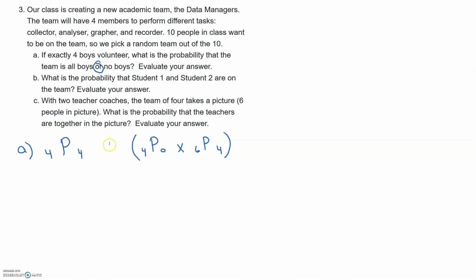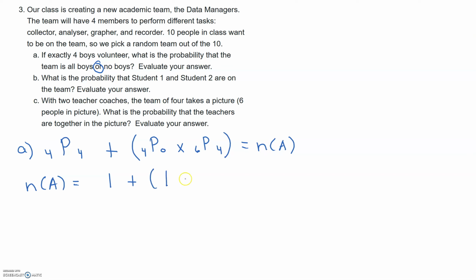Or, the word or means you're going to add. And this, by the way, is the number of ways to get all boys or no boys. Okay? I haven't done probability yet. I'm just doing the number of ways to get all boys or no boys. So I'm going to go ahead and calculate the number of ways. So it's 1 plus, if you do 4 pick 0, I believe it's 1, but I'm not 100% sure. Just going to check it.